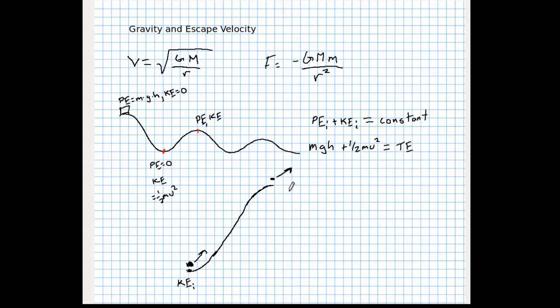I want it to reach the point where the potential energy is 0, with just a bare amount of kinetic energy left over so it keeps going forever after that.